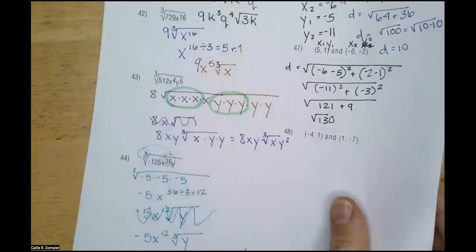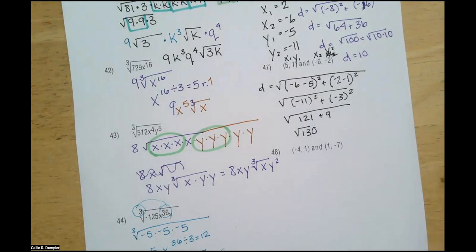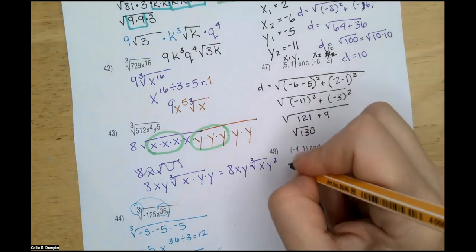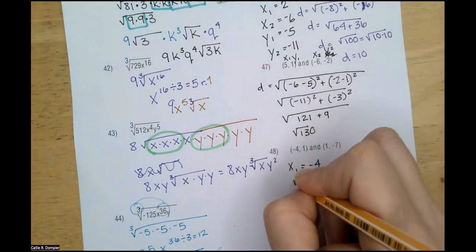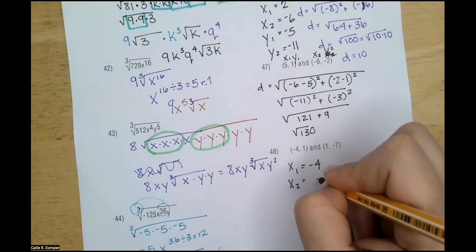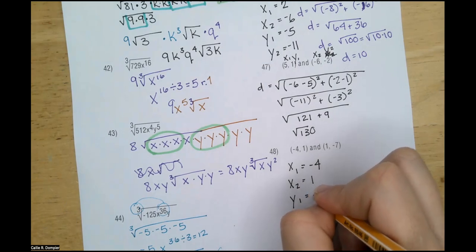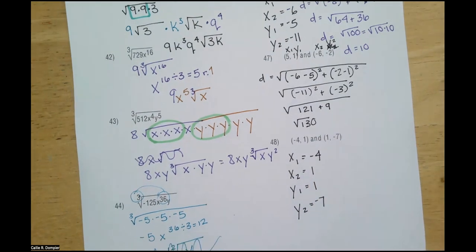All right, then we have -4, 1, and 1, -7. I think it made more sense to label them first than to just go. So x1 is -4, x2 is 1, y1 is 1, y2 is -7. Good.